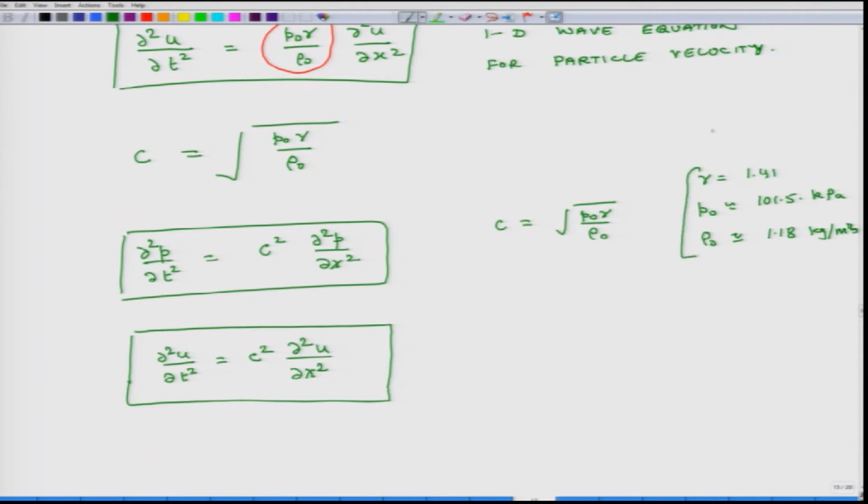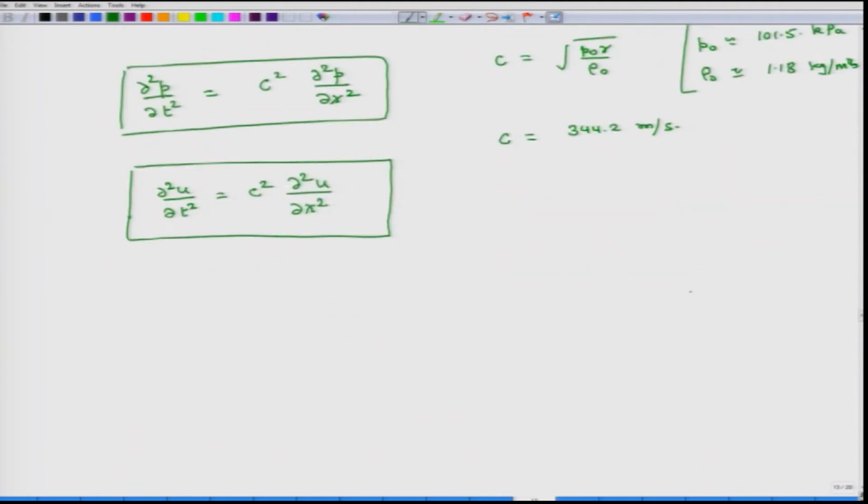So, this is for air at STP conditions. If we plug in these values, we find that C equals 344.2 meters per second.